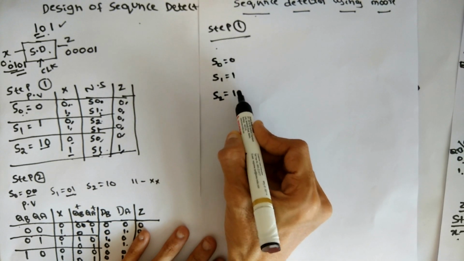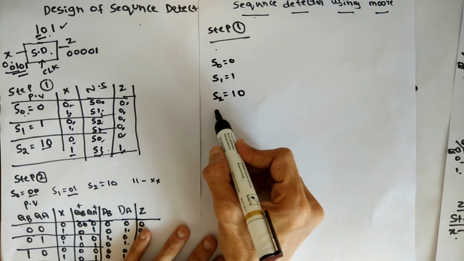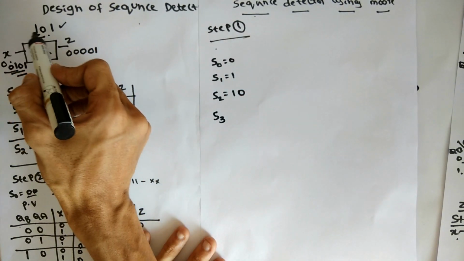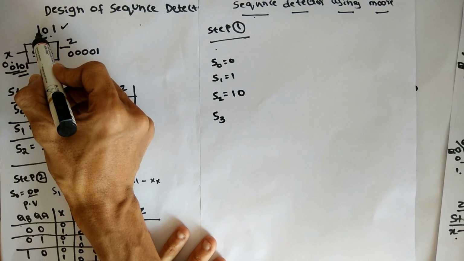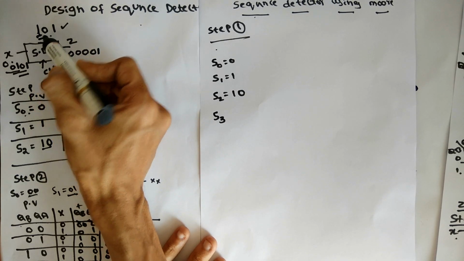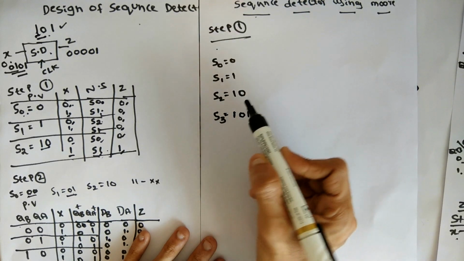This is the common state diagram we took in Mealy. One more state we have to take, that is S3. S0 is for the opposite of the first bit, S1 is the first bit, S2 is the first and second bits, and S3 is all 3 bits. So 101 is the S3 state.